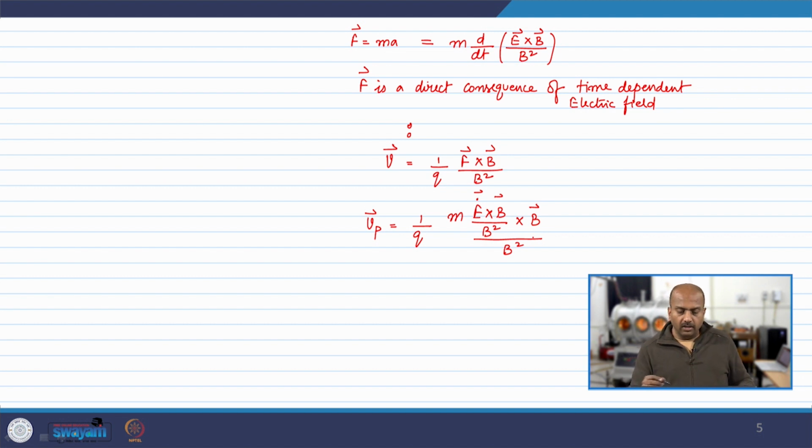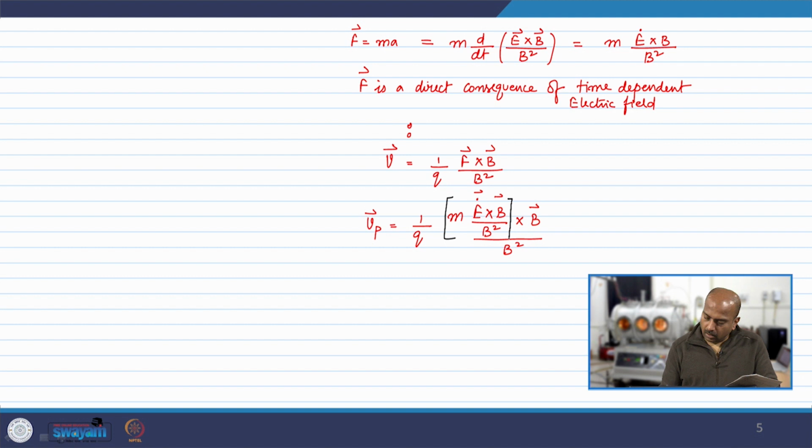You understand what I did? I took this expression, took the time derivative inside, and then I can write m E dot cross B by B square. All of this is the force, 1 by q F cross B by B square.